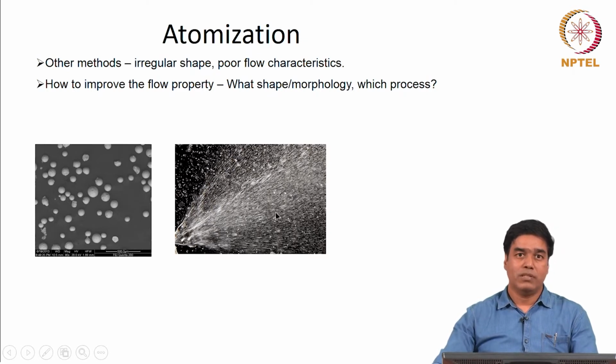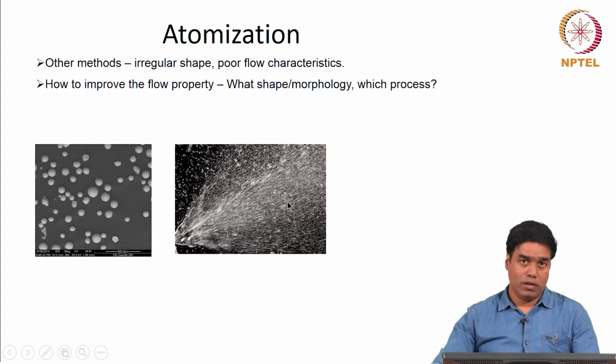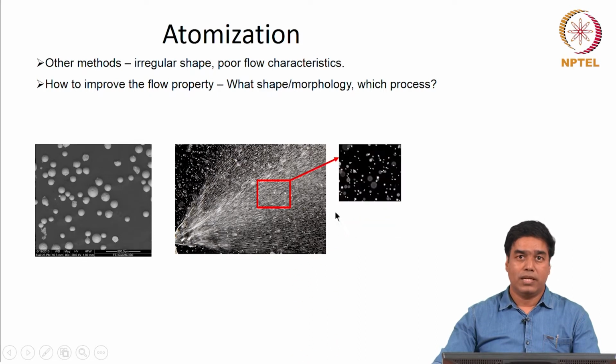So, this is for example a water jet or a water spray, and if you look closely, when you convert this water stream into this kind of jet, or break it down into an atomized spray, then you can see that it is actually broken down into finer droplets.